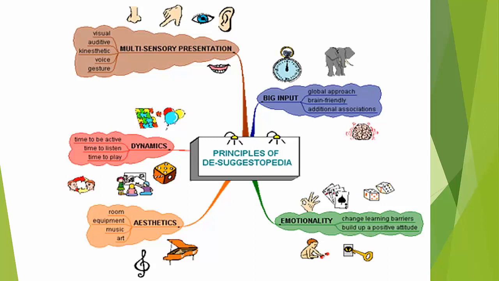They need to move, they need to play, and they need to listen. And here, this is a multi-sensory presentation. We have students that are auditory, visual, kinesthetic, who love movement, and also things that they have to touch. So it's very important to consider that.